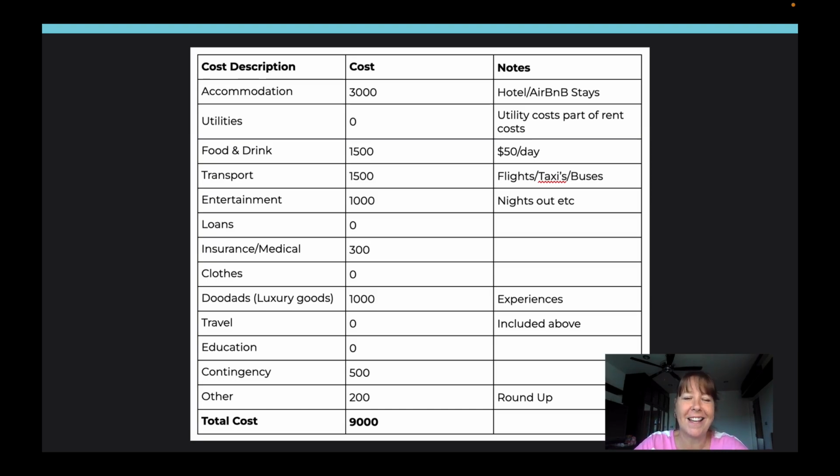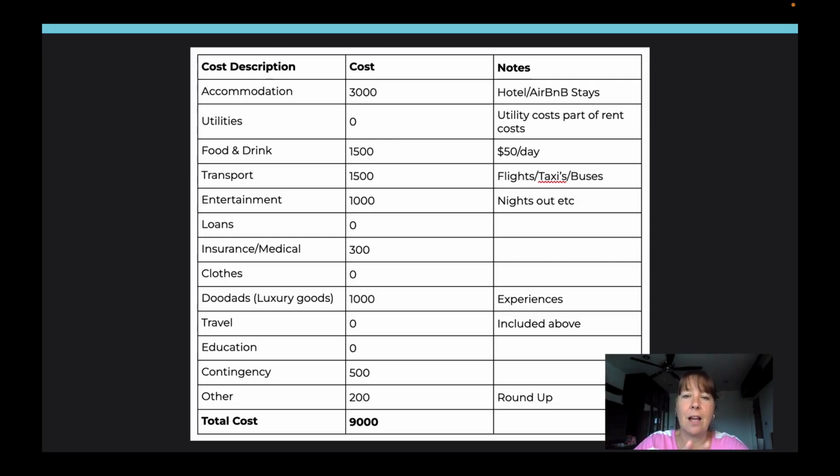I have included a Rich Dad Poor Dad term in there, which is doodads, which is any luxury goods. I've put experiences because to me that's what luxury is. But for you, it might be being able to go and rent a helicopter because you want to fly over somewhere, or rent a yacht or something, whatever.